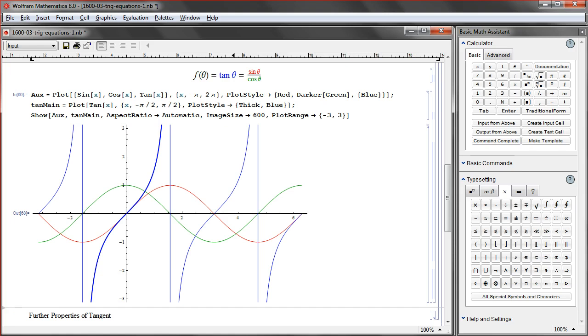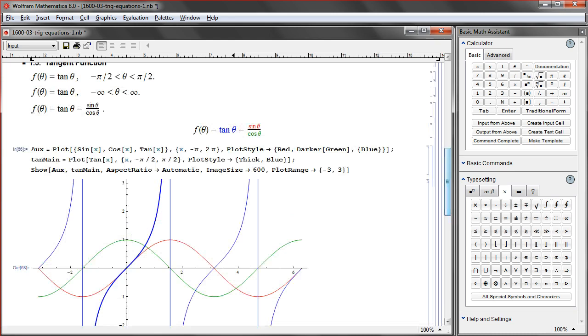We have vertical asymptotes when the denominator hits 0. The denominator is the green function, cosine here. So whenever the green function hits 0, we have a vertical asymptote. You can check that. Also, whenever the numerator hits 0, the red function here, red is sine, the graph of the tangent function also hits 0. You can easily see that kind of behavior.